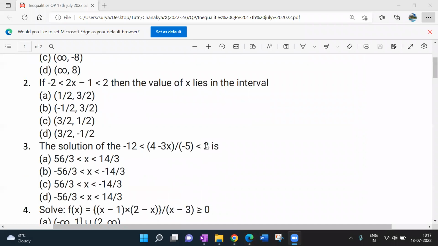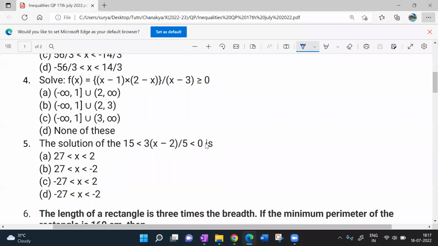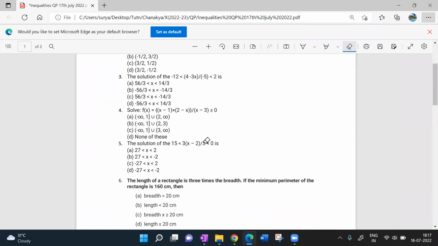The remaining questions are very easy actually. You can do them on your own. So the fourth and fifth questions. What has he given here? Fourth question: (x minus 1)(2 minus x) divided by (x minus 3) greater than 0.